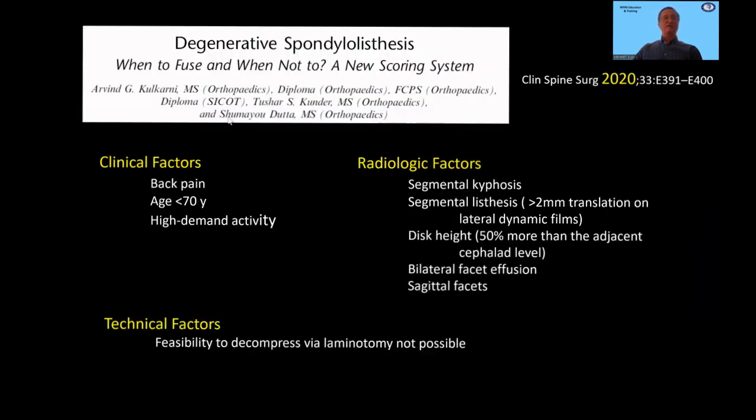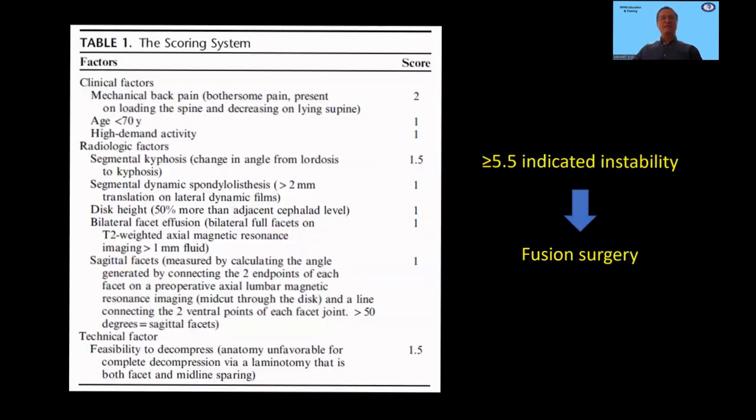Spine Committee. Since the factors for decision making, whether you must make a fusion or not, are so complex, there are some surgeons who have tried to make a staging system, and according to the scoring system, if there is more than 5.5, those cases will need a fusion surgery.